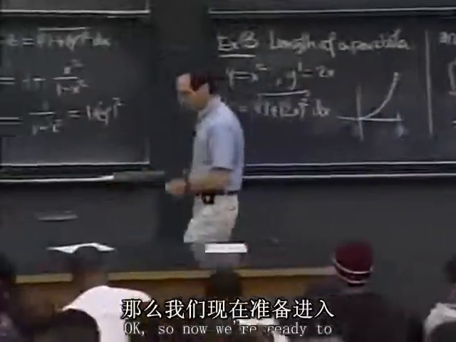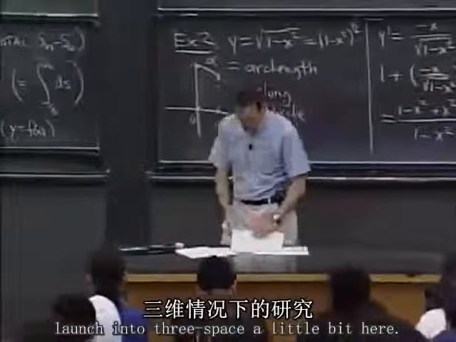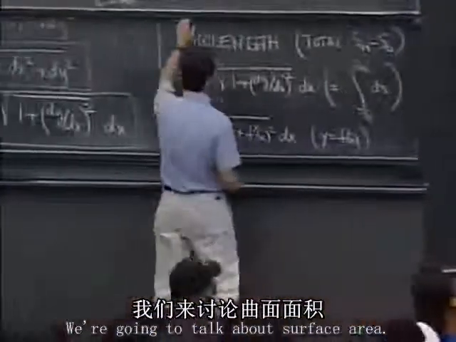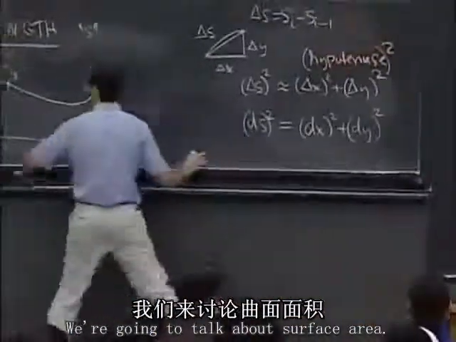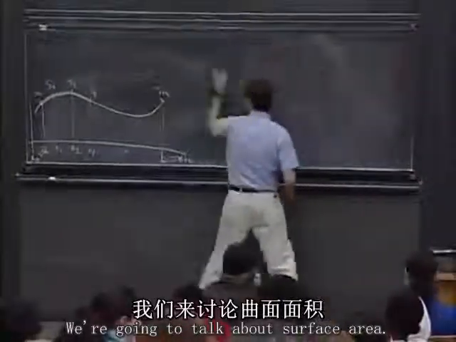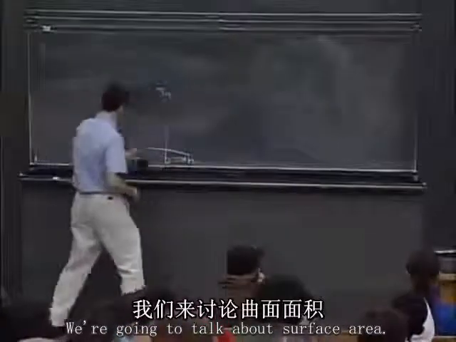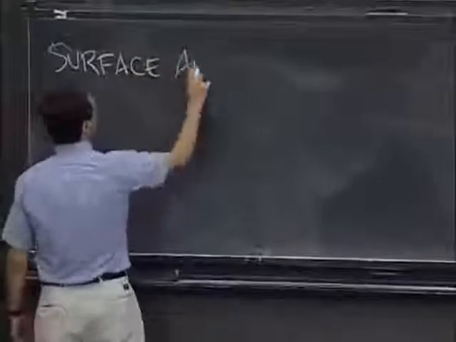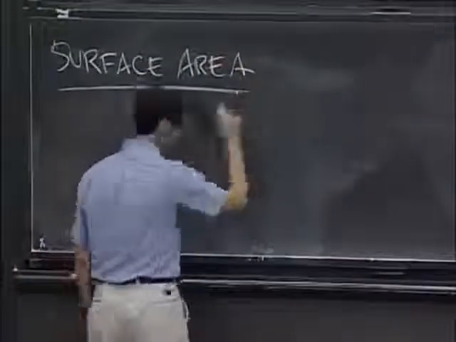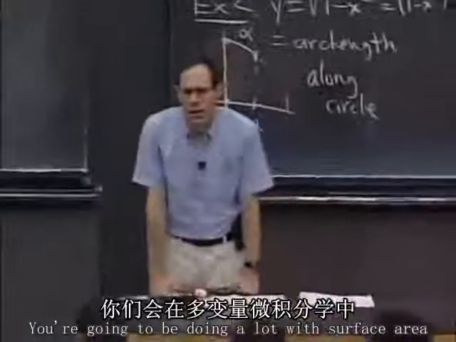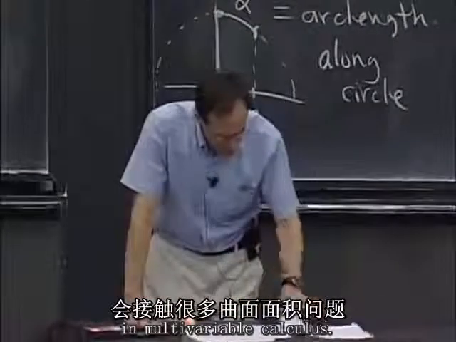Okay, so now we're ready to launch into 3-space a little bit here. We're going to talk about surface area. You're going to be doing a lot with surface area in multivariable calculus.